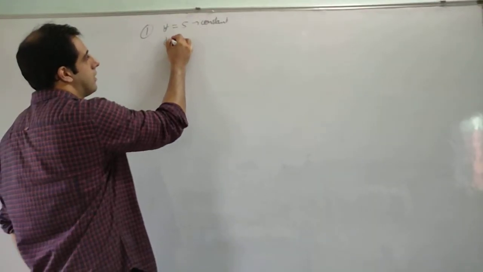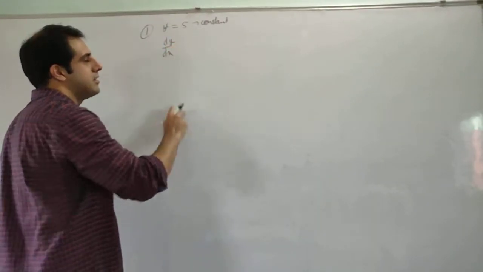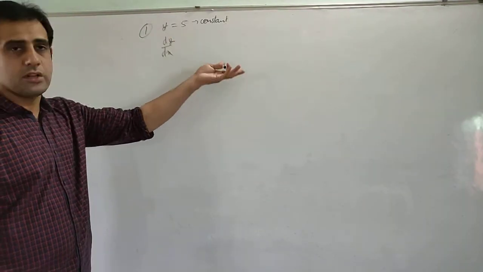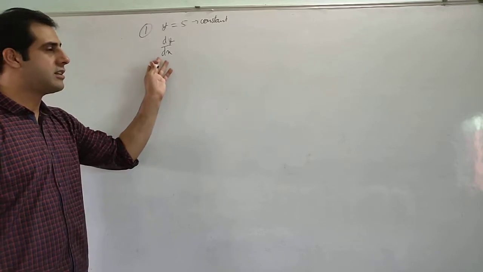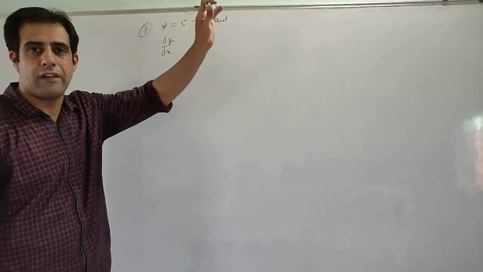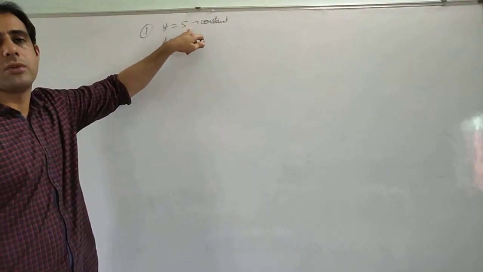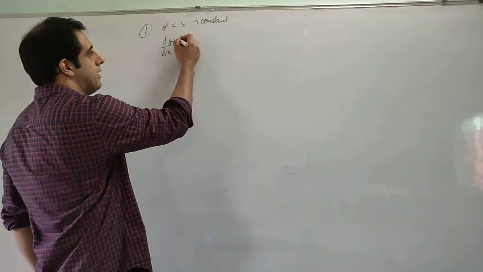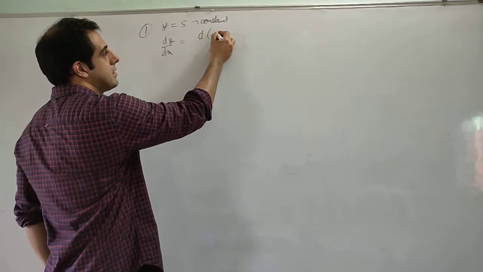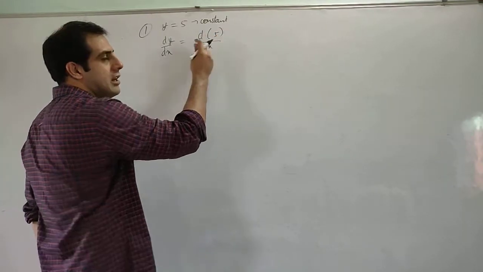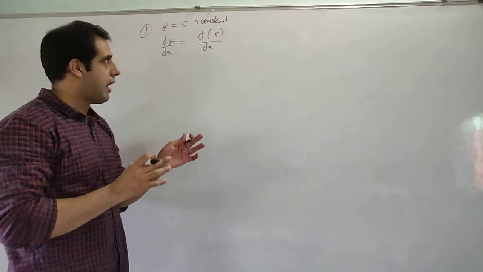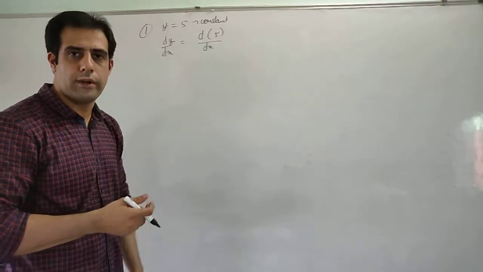So if I write dy by dx, that means I am calculating change in y with respect to change in x. There is no x here. Whatever is the value of x, 1, 2, 3, 4, 5, infinite, y will always remain equal to 5. So when such a situation is there, how do we calculate dy by dx? Initially we are going to write every step properly so that we do not get confused, and once we are habitual, then we are going to solve it directly.